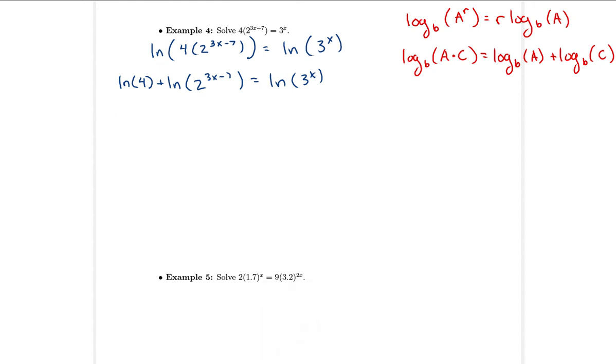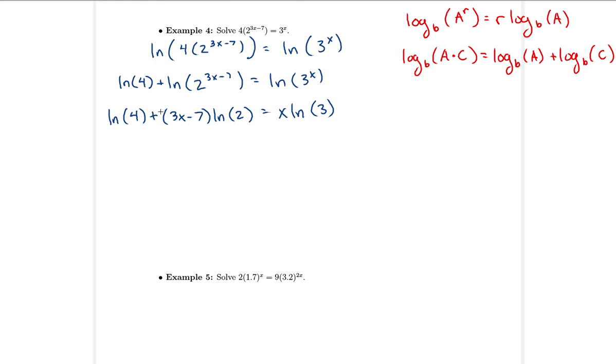So we have the natural log of 4 plus, now I bring this down, 3x minus 7 times the natural log of 2. And then of course we can do the same thing on the right side here. Okay, so that's where we're at now.